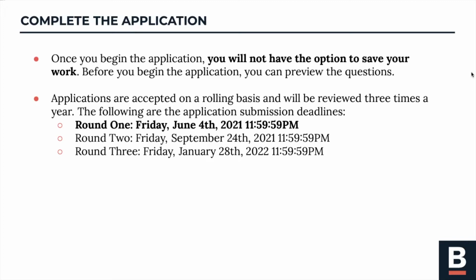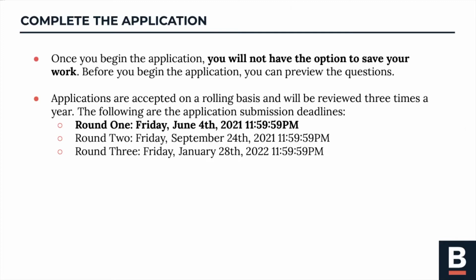And then we've been over this a little bit, but just to reiterate, your applications are going to be accepted on a rolling basis, and we'll be reviewing these 3 times a year. The 3 application submission deadlines: the first one, which is the upcoming, is Friday, June 4th at midnight, essentially.